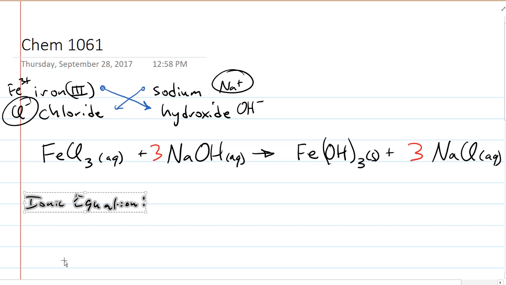Yes, it is. Aqueous ionic compound. So yes, it is a strong electrolyte. Is sodium hydroxide a strong electrolyte? Yes, it is an aqueous ionic compound. Is iron 3 hydroxide a strong electrolyte? No.